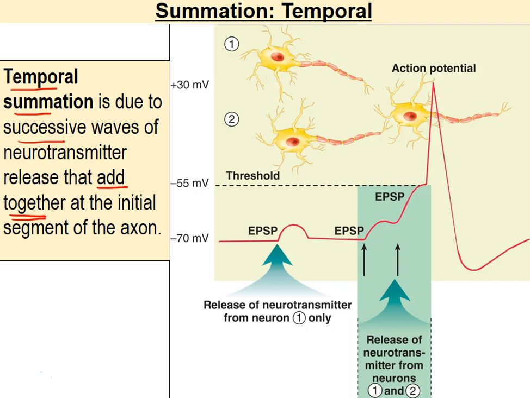For example, in this picture, you have an EPSP that didn't reach threshold, just got a little bump there, but if you have more than one EPSP in successive waves, they can sum together to create an action potential. So synaptic integration results from both spatial and temporal summation.